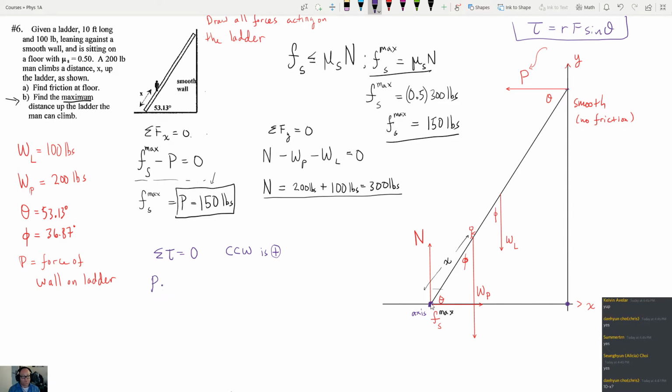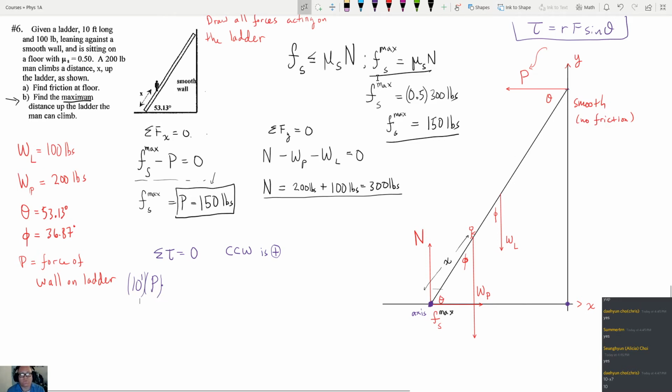We're going all the way from the axis down here out to here, so it's the full length. So it's 10 feet, basically, right? So I'll write 10 feet. So I'm going to use that tick mark for feet. Hopefully that's something you guys have seen before. So 10 feet, that little tick mark means feet, times P.